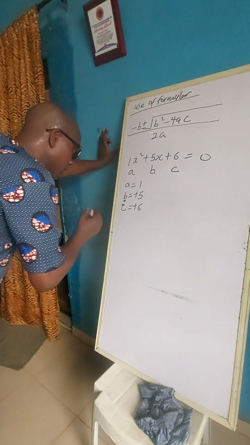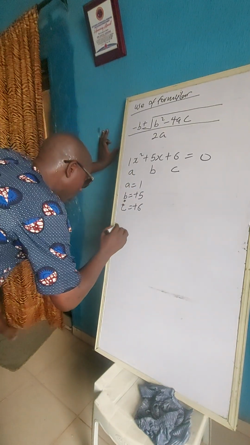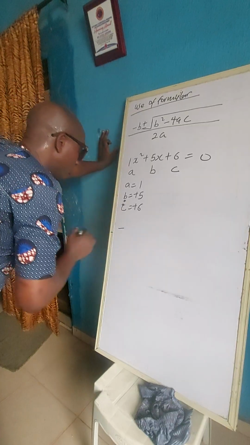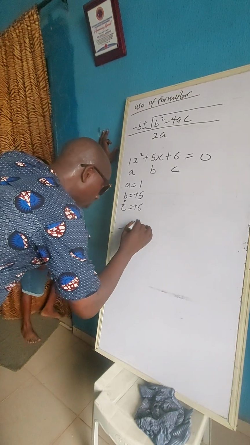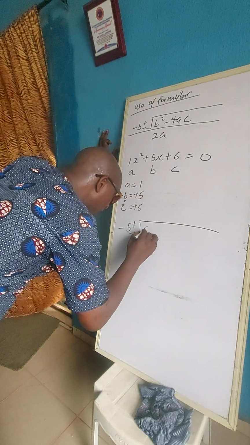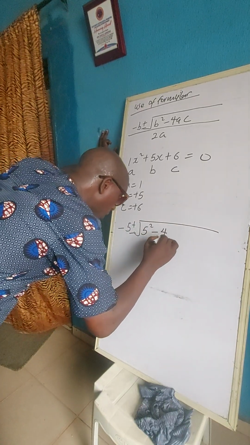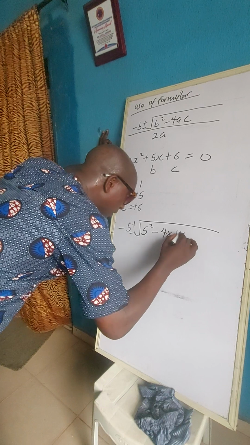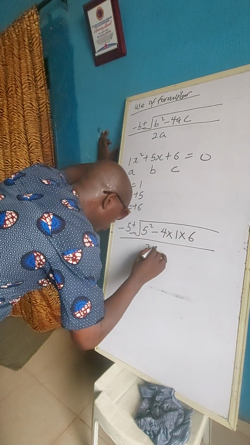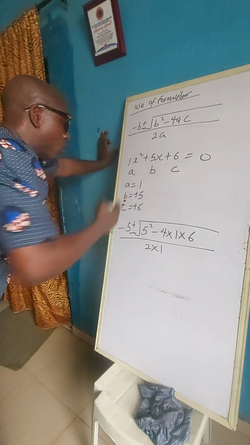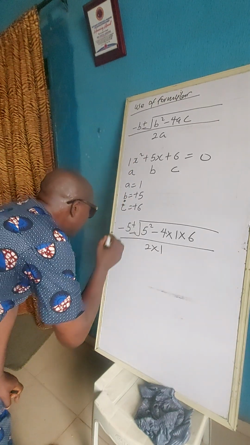Now, when I'm slotting into the formula, minus B is minus 5, plus or minus square root 5 squared minus 4 times A, which is 1, times 6, which is C, all over 2 times 1. Your A is 1. So how will you do this?